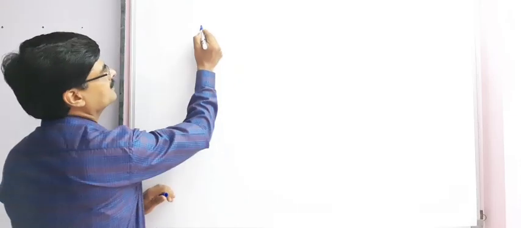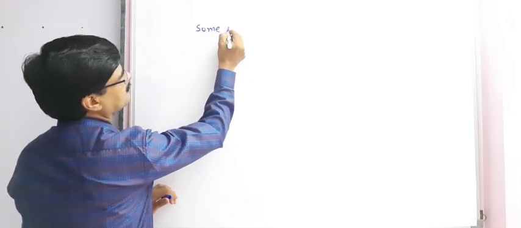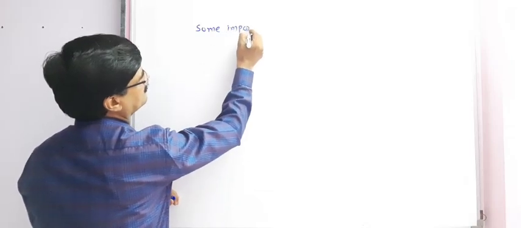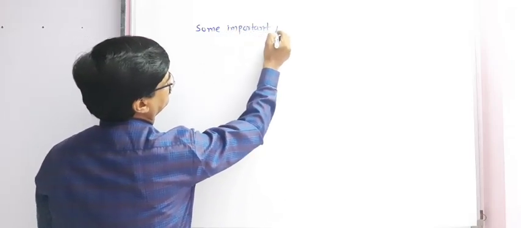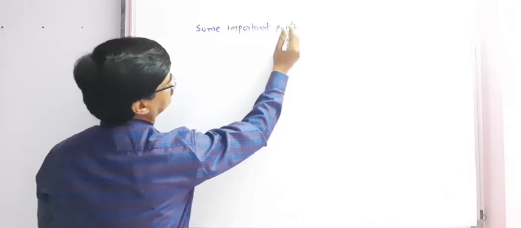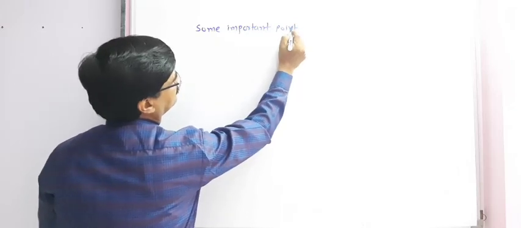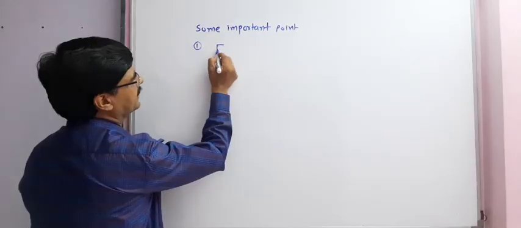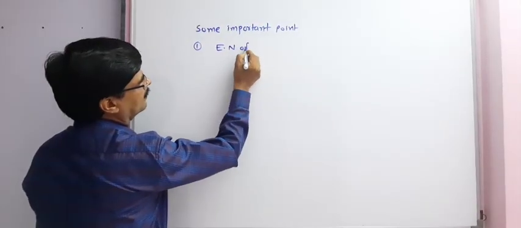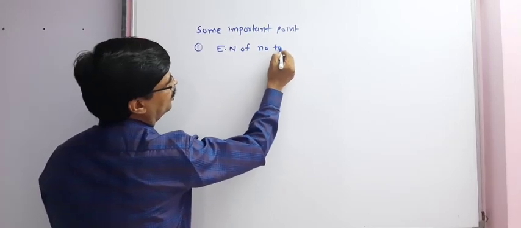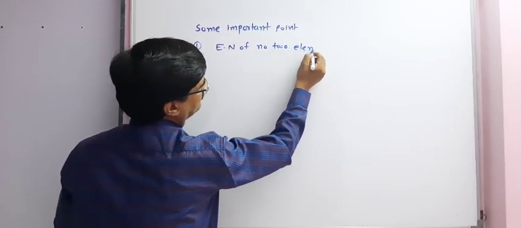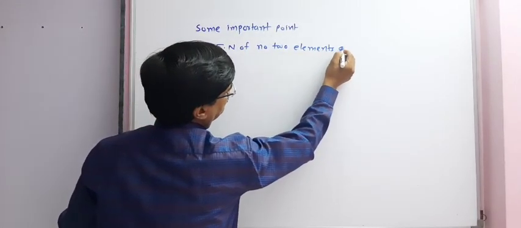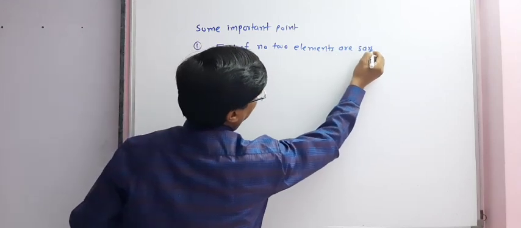Some important points concerning oxidation number or oxidation state. Number 1, electronegativity of no two elements is the same.